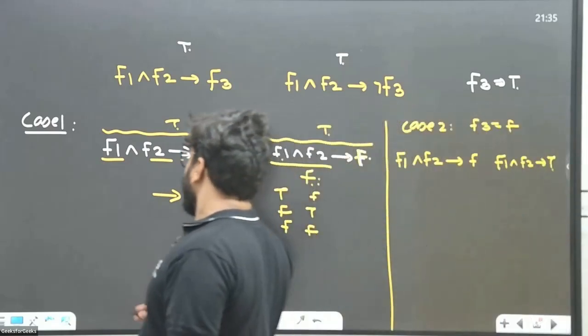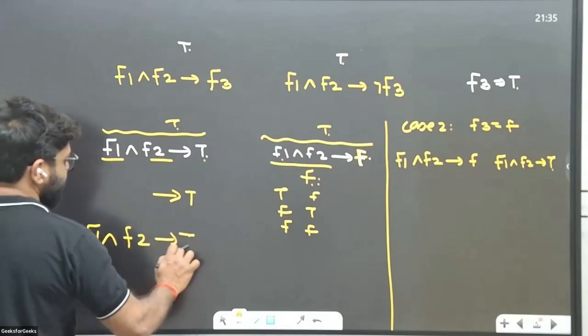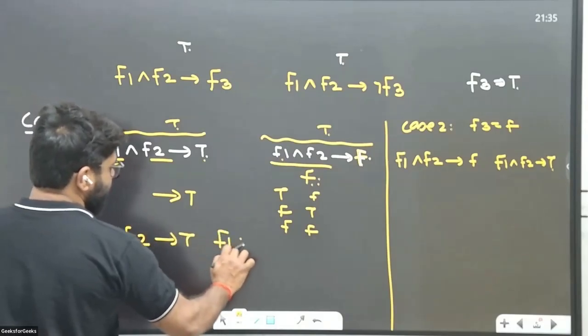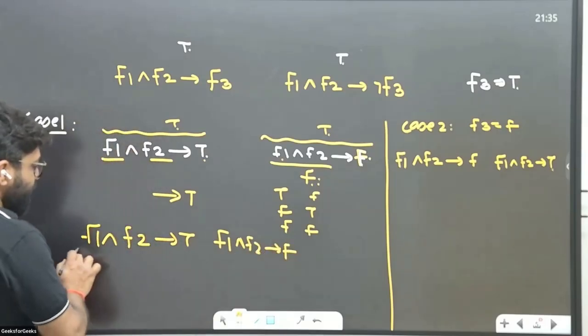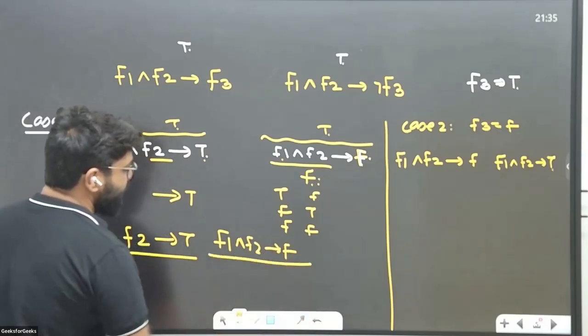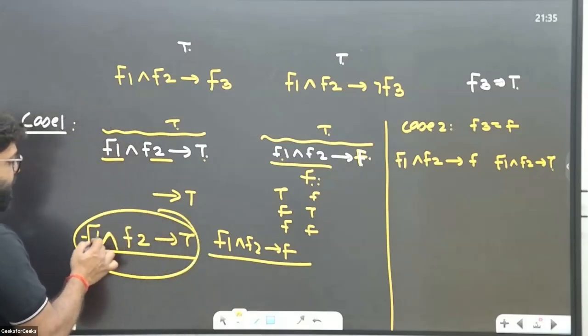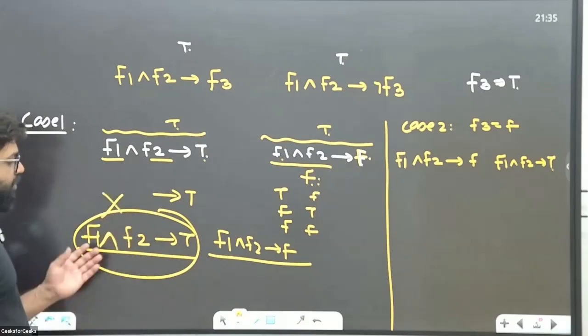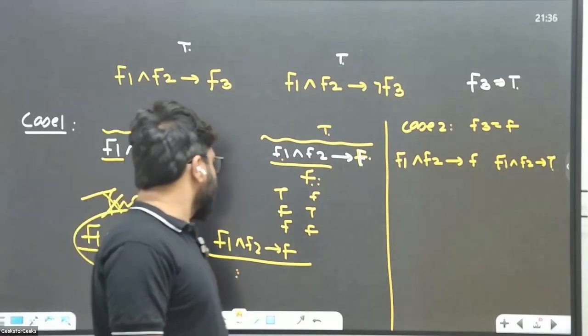F1 and F2 sometimes is true, and sometimes is false. So even if it is implying true, even if it is implying false, with respect to this case it does not matter on the values of F1 and F2. It will always be true. So hence we have to focus on this particular case.